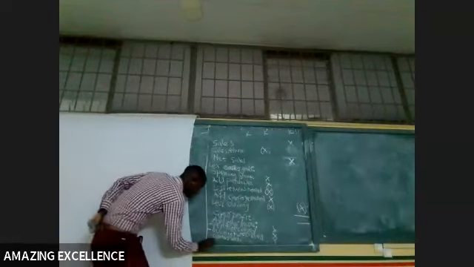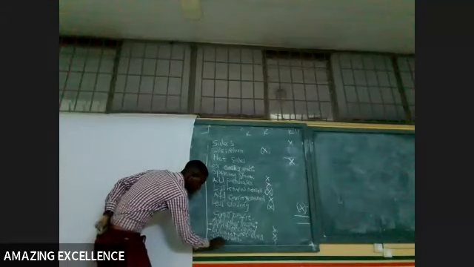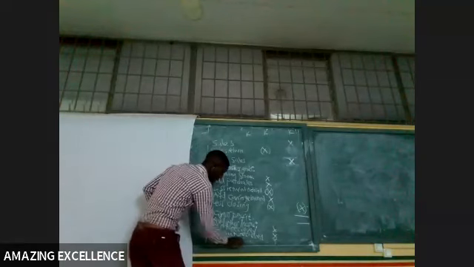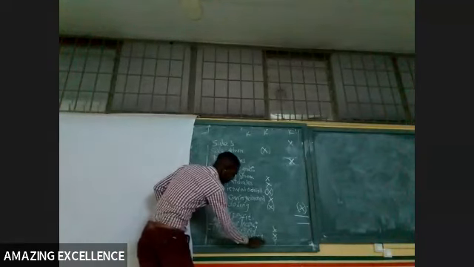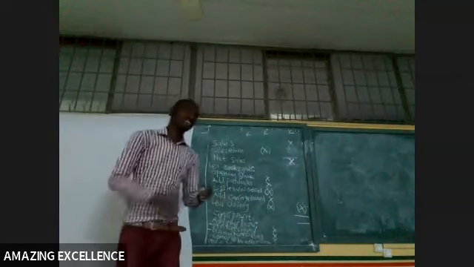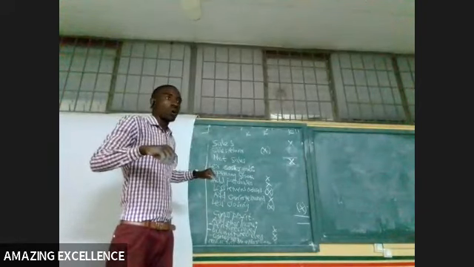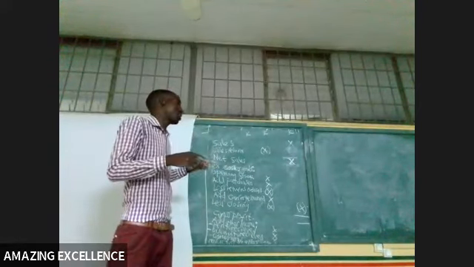The reduction in what? In allowance for receivables. Is this clear? Reduction in allowance for receivables, reduction in provision for doubtful debt.